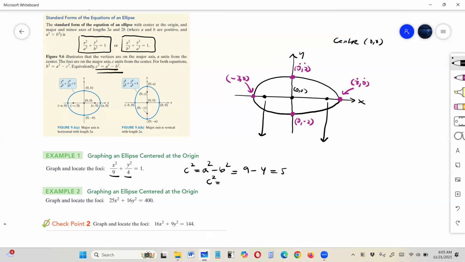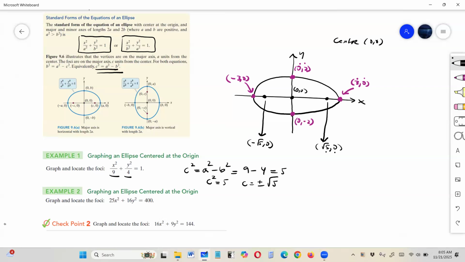So C squared is 5, which means that C is plus or minus radical 5. So the location of the focus, the first one is radical 5, comma 0, right? X, Y coordinate. And the second one, negative radical 5, comma 0, X, Y coordinate.